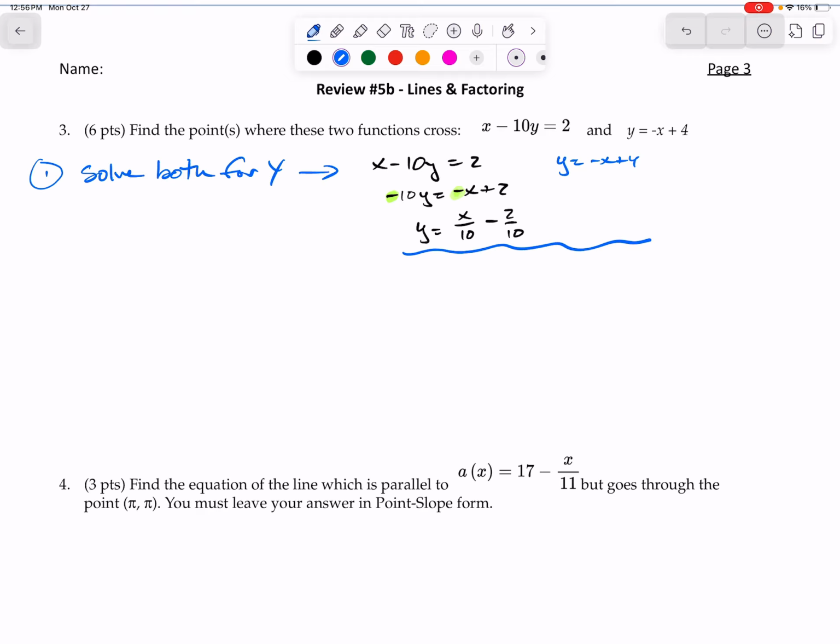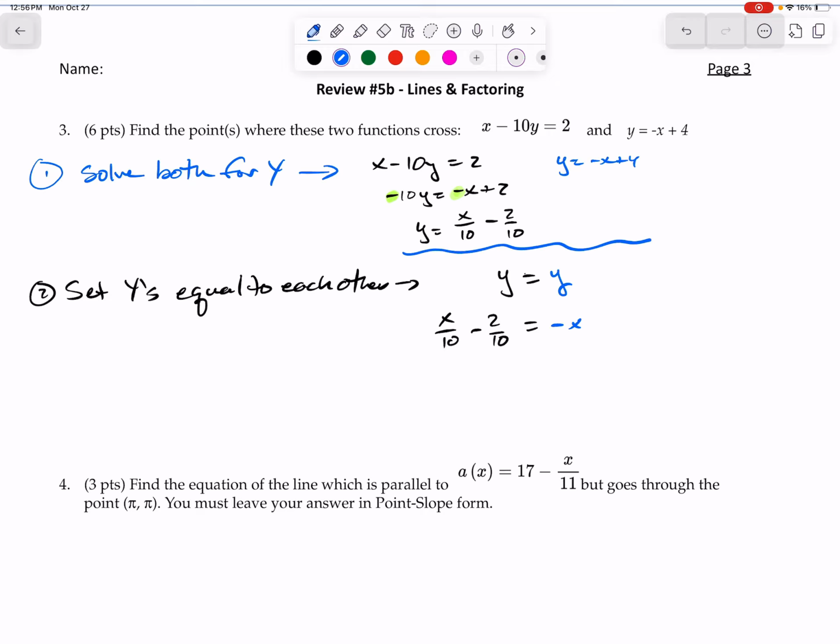So step 2, set the y's equal to each other. So in other words, the black y has to equal the blue y, which means that x over 10 minus 2 over 10 has to equal minus x plus 4.